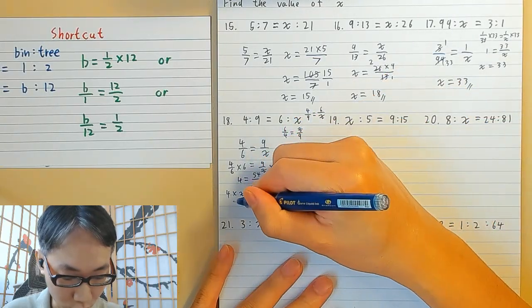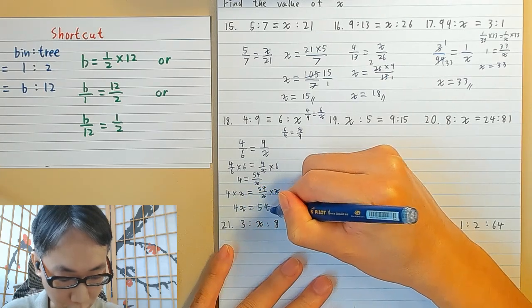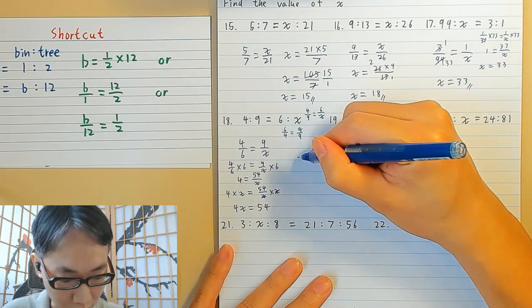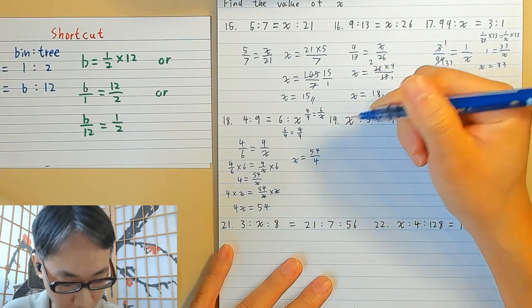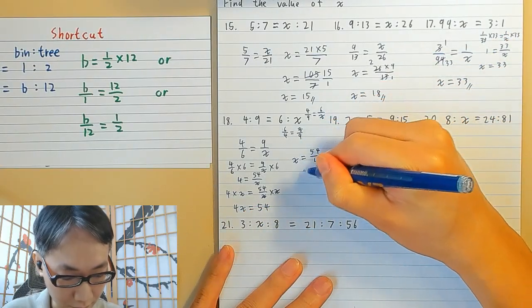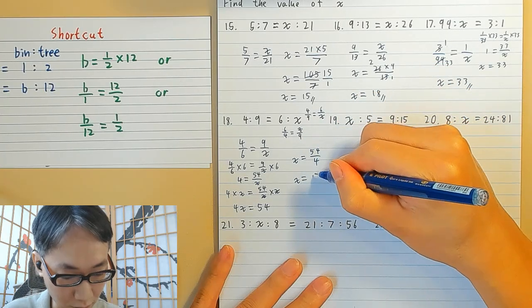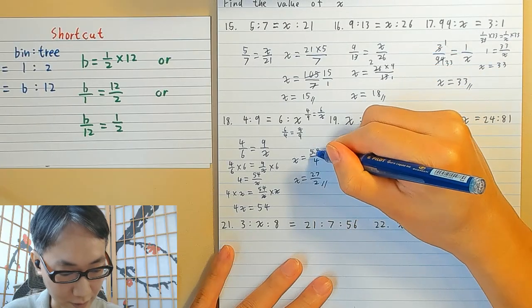And then we have 4x equals 54. So x will be equal to 54 over 4, dividing both sides by 4. So x equals, both of them can be divided by 2, so 27 over 2. Okay.